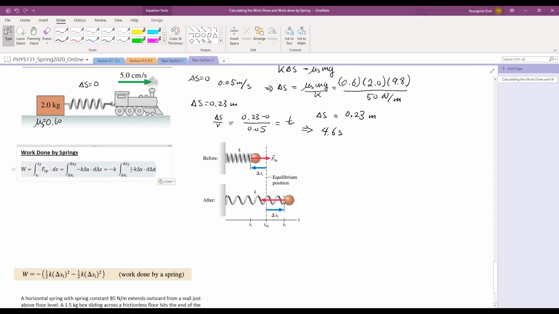Then you have this integral here, which is simply delta s with respect to d delta s.